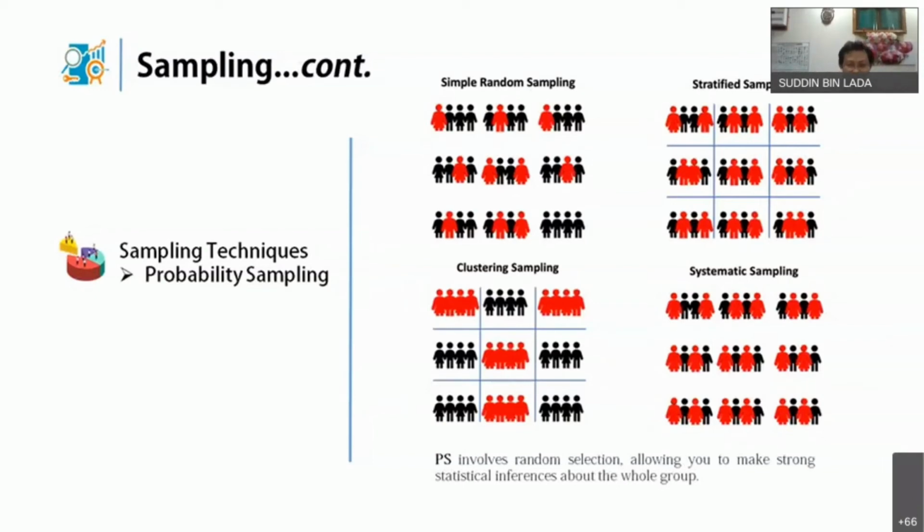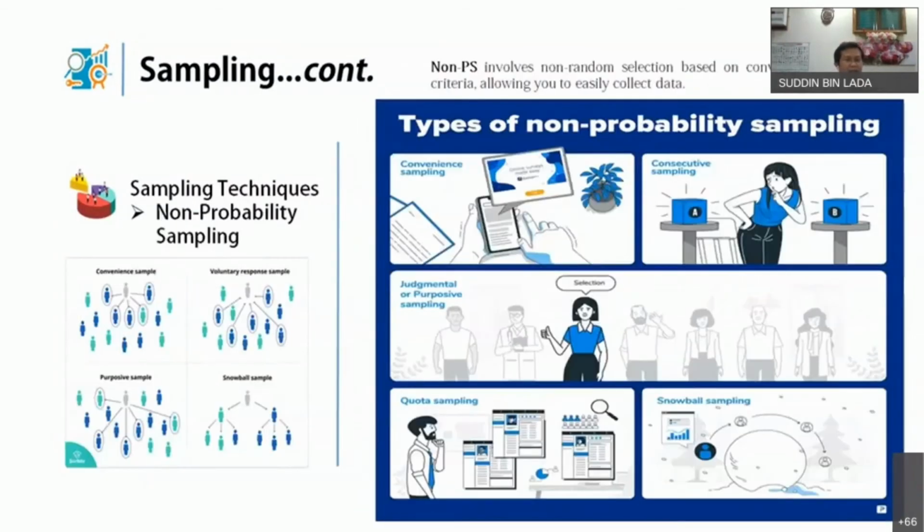Depends on the cluster. And systematic, normally we use very systematic numbering in selecting your sample. Please remember, why do we use probability sampling? Because we need to reduce bias. That's very important. Okay, move on to non-probability sampling.